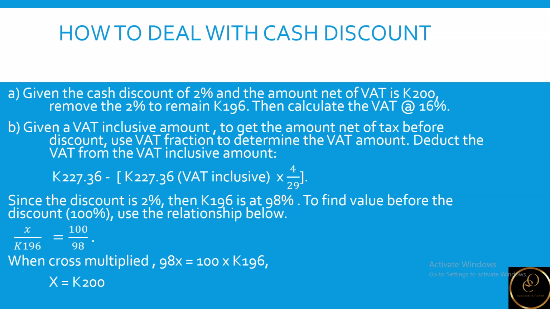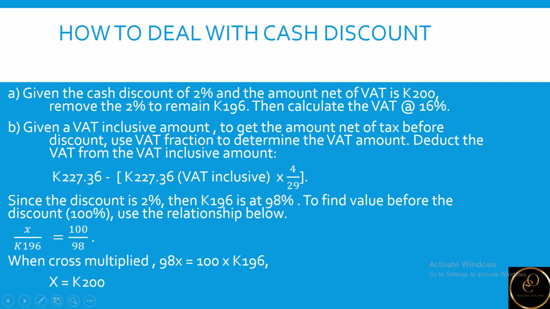You have X equal to 100 and 196 equal to 98%. So we want to figure out what is the figure at 100%? So you cross multiply. You are going to have 98x is equal to 100 times 196. So for x, you are going to have the 200 kwacha.